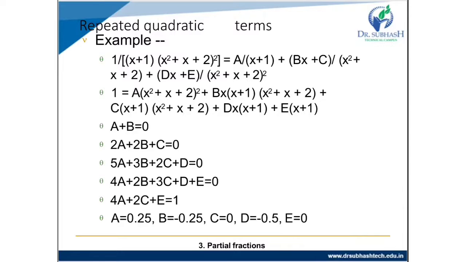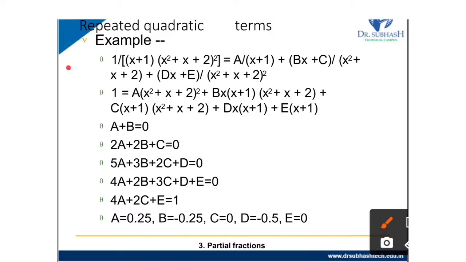So in this example, it is a upon x plus 1 multiplied by x square plus x plus 2 the whole square. So now we have to put other variables like bx plus c.